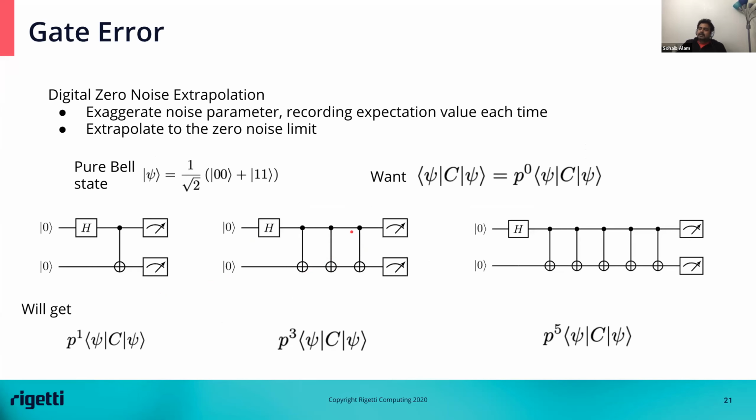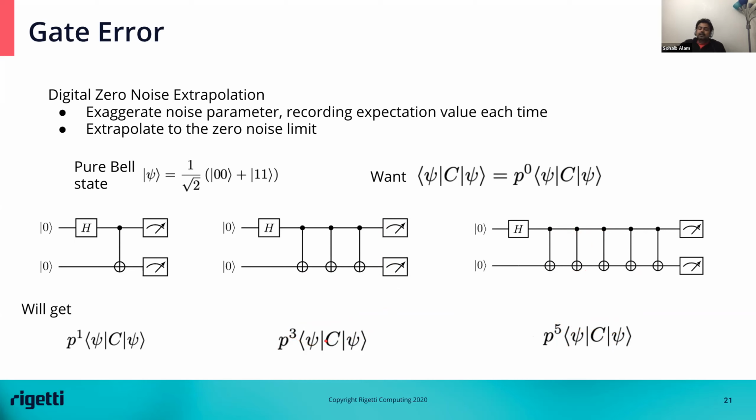And then finally, if I pass it through a third C naught and do this again, now I have a total of P cubed times the original expectation value. That's the expectation value I will actually observe from this setup, right? And likewise, I can do this again. I can insert an identity over here, and I can insert another identity over here, right? And so now I have p to the 5 times the original expectation value.